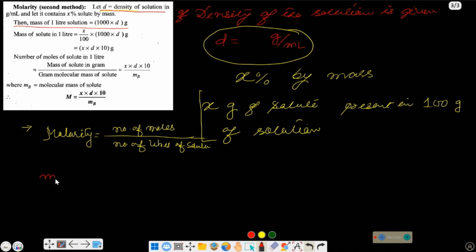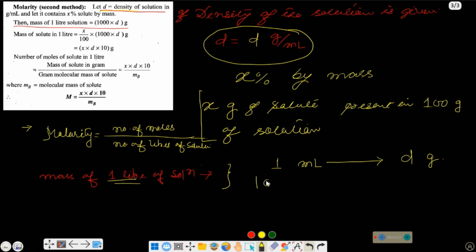1 liter means 1000 ml. The density d is given as d gram per ml, which means 1 ml of solution contains d gram.